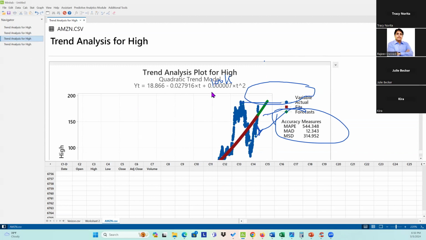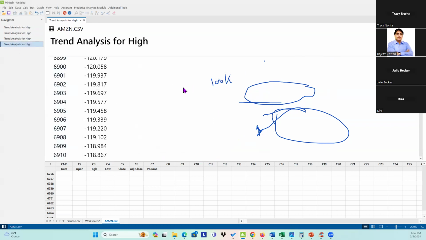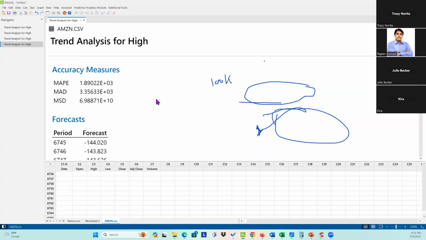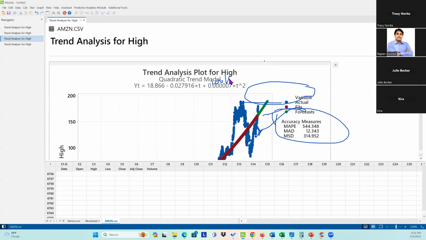The second option is this. I think this is the quadratic trend model. And this is the second option. Linear is not one, because this is going somewhere and this is very straightforward. And the S-curve is not at all feasible because it is giving a negative value. This is not at all feasible.